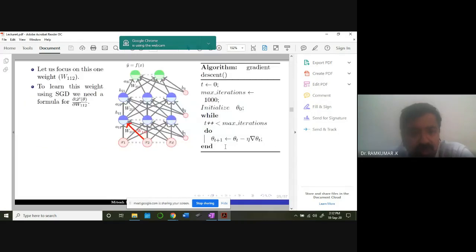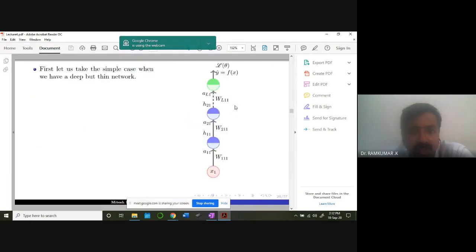But let us see the steps. This is what is happening. The input enters and goes into the first layer, pre-activation, then activation, then goes to the second layer, pre-activation, activation, and finally you get the loss function, the error.